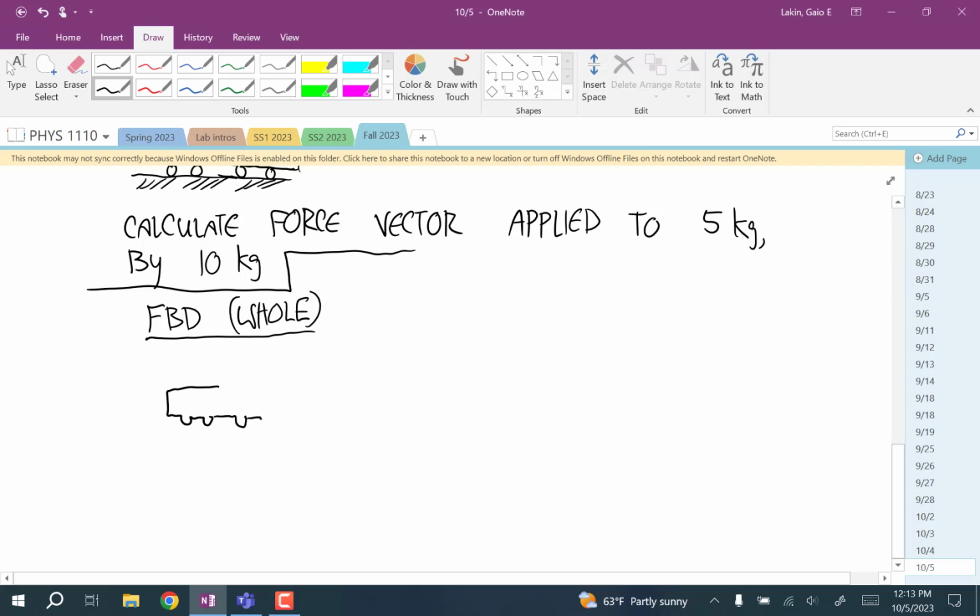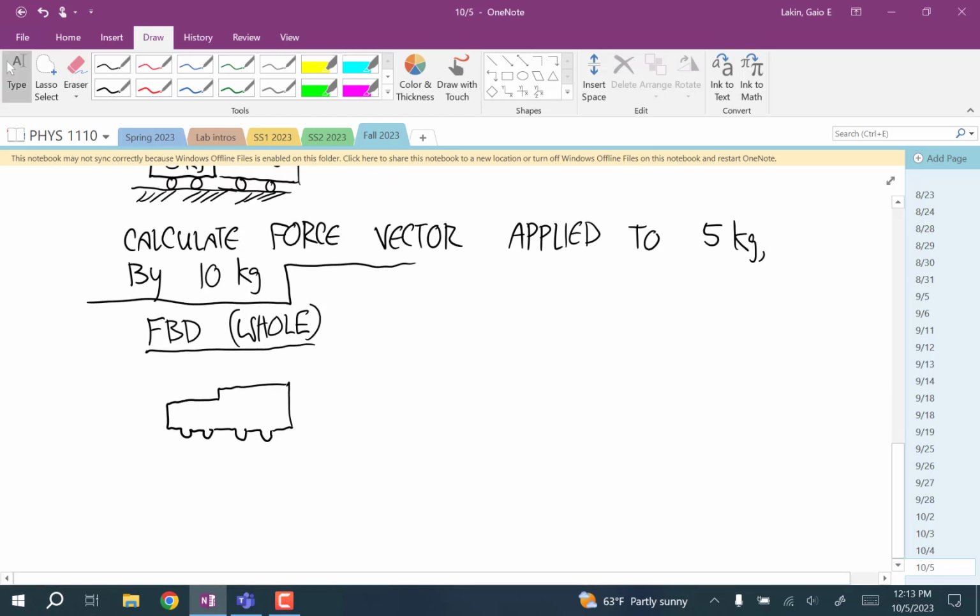You don't have to turn this into an art class, but that's what we're isolating, the two carts as if they're a single thing. There's a weight force acting down. The mass of the whole system is 15 kilograms.